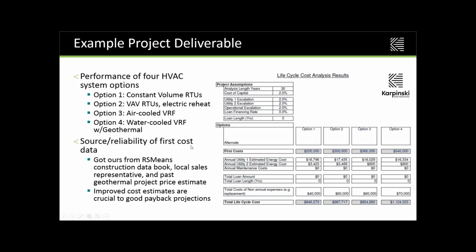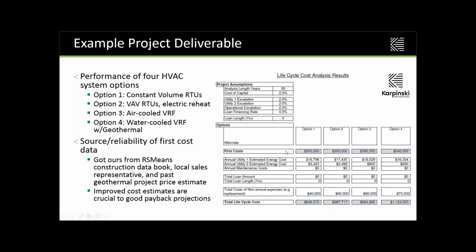One note I wanted to touch on in these life cycle cost analysis studies is that when we spend a lot of time on the accuracy of our energy model, then all of a sudden the accuracy of our study as a whole is limited by how reliable our cost data is.